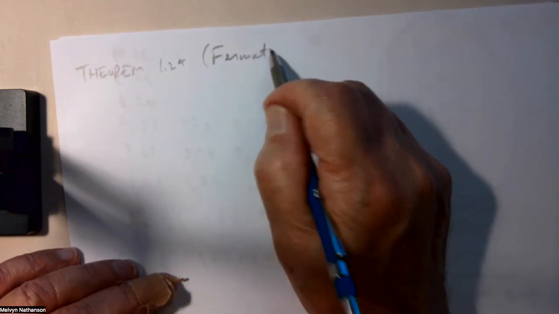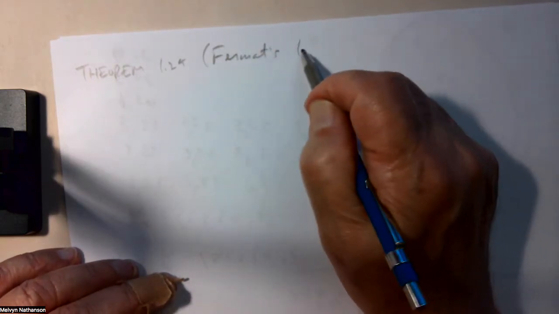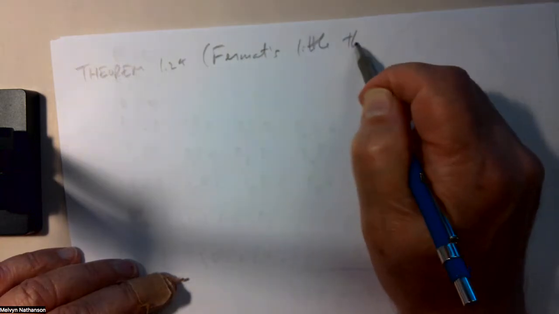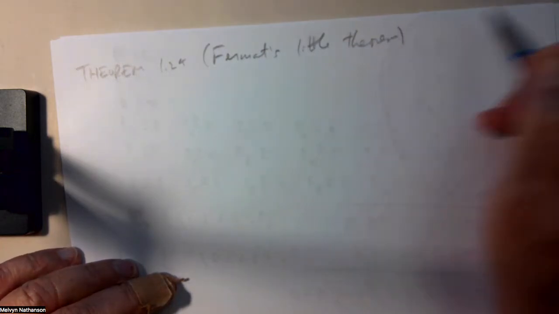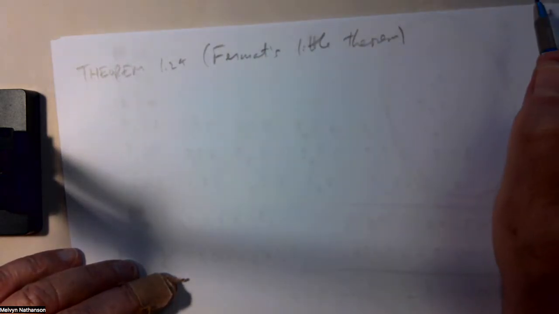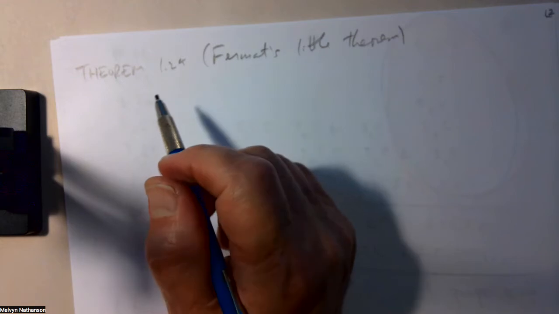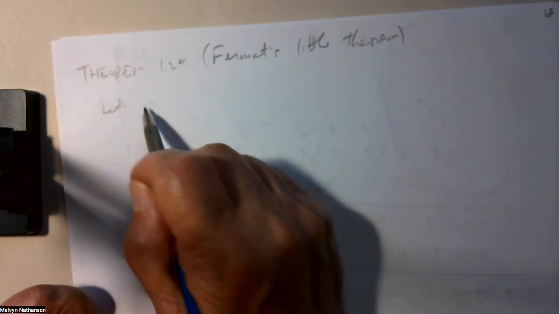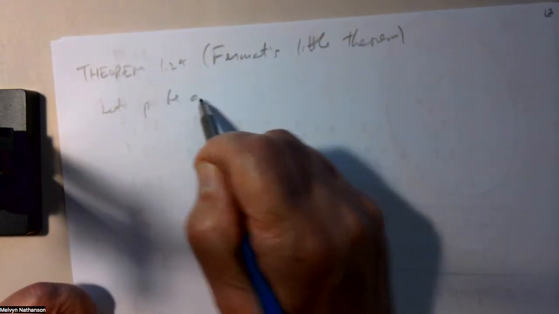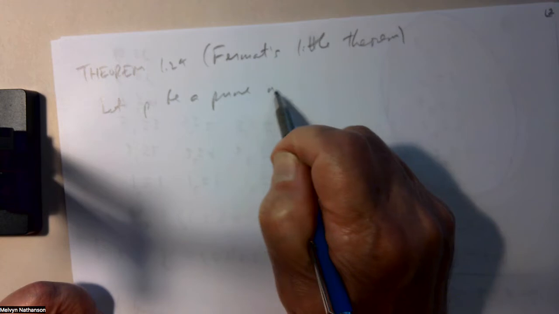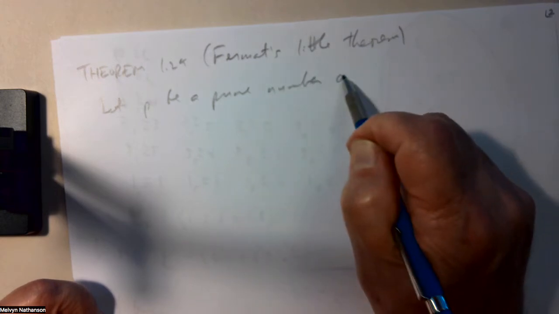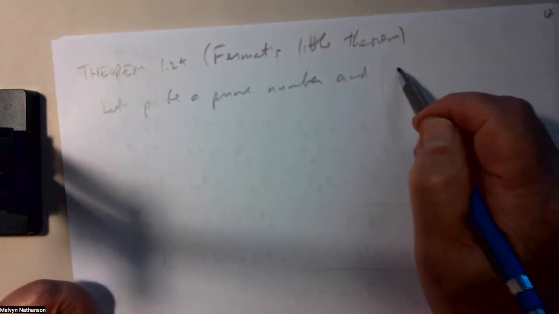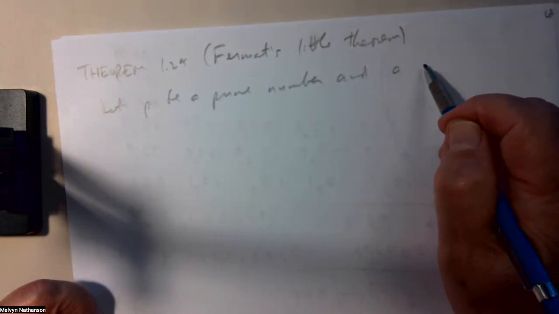Fermat is French, so you don't pronounce the T. Fermat's little theorem says the following. Let p be a prime number and a an integer.